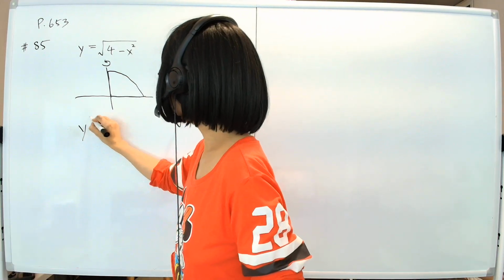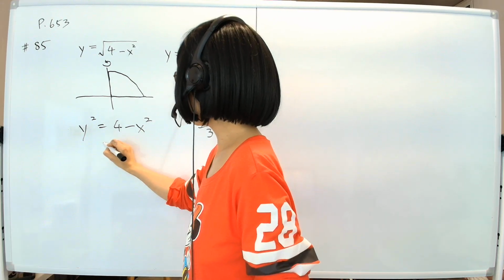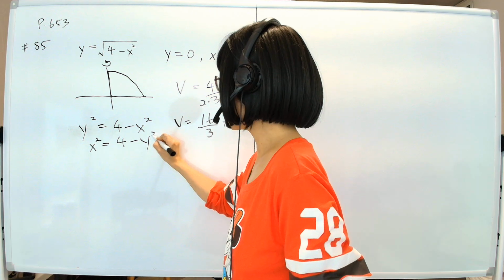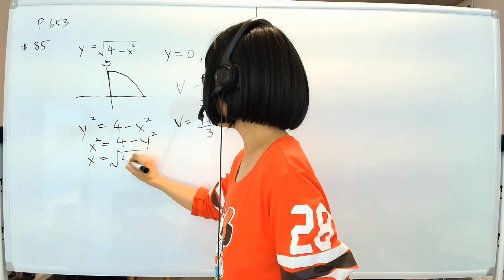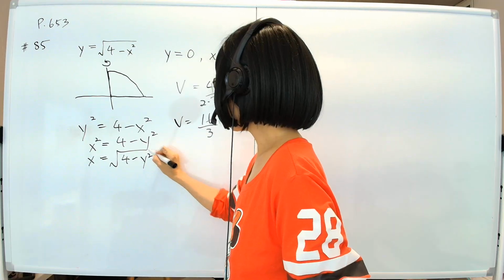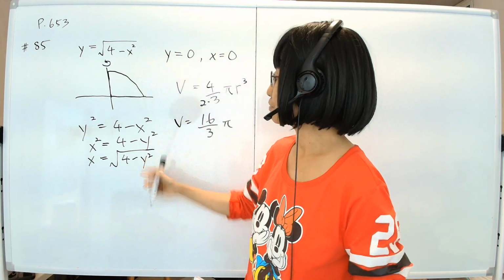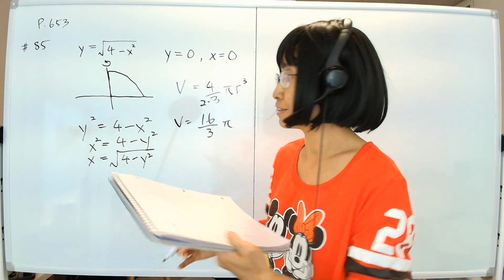So y squared equals 4 minus x squared, right? And then x squared equals 4 minus y squared, moving things around a little bit. And then x equals the square root of 4 minus y squared. You notice x and y are symmetrical. You just replace x with y, and that's because of the circle. A circle is the same whichever way you look at it.